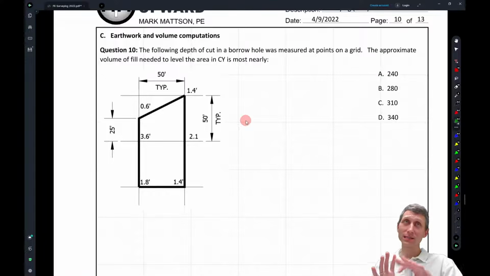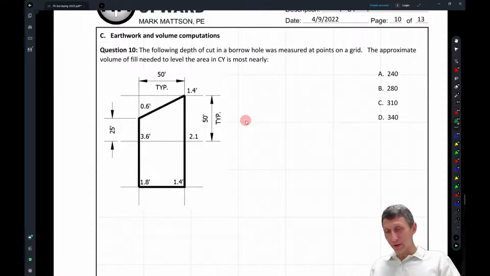So this isn't getting into expansion, it's not getting into swell, shrink, and all that stuff. This is just saying straight up fill. Okay, and could I write this question better so that it had this shrink and swell and soil in there? I probably could, but it doesn't say anything about that, so we're not gonna worry about it.